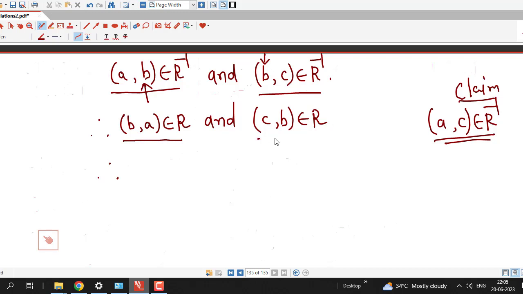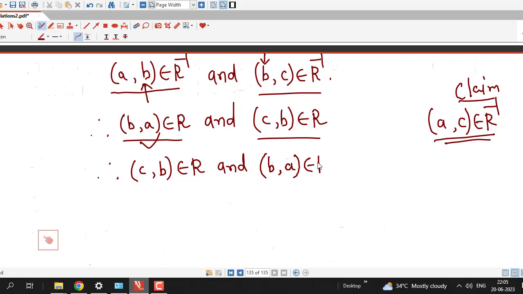Now I am writing this ordered pair first: I have (C, B) belongs to R, and I am writing here the ordered pair (B, A) belongs to R. So you can see here that the second component of this ordered pair is equal to the first component of this ordered pair, and R is transitive.